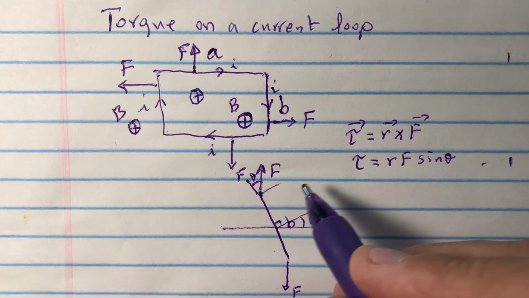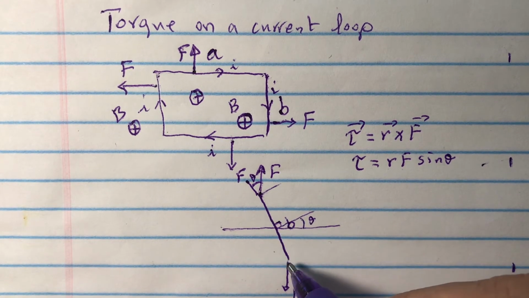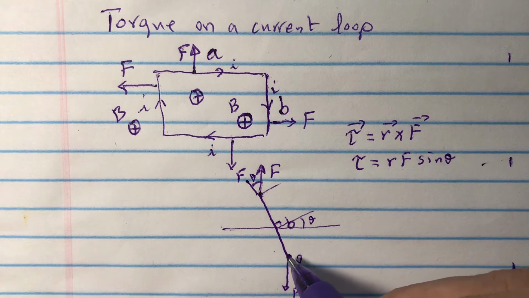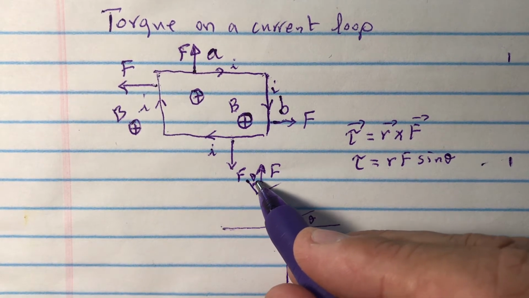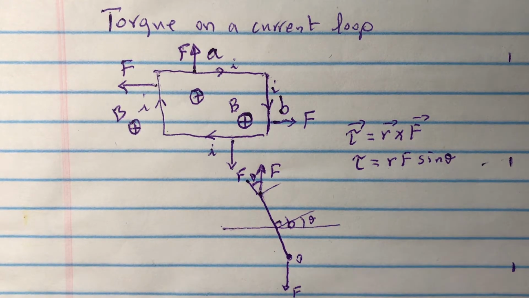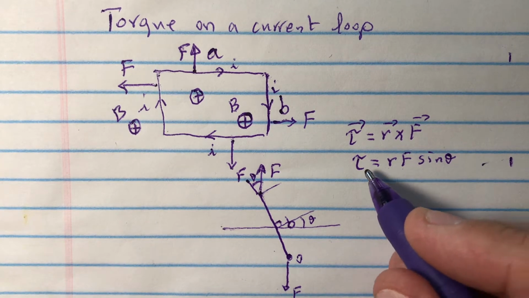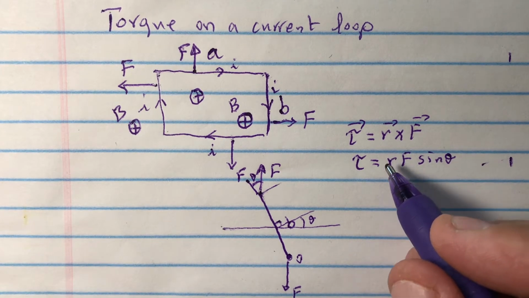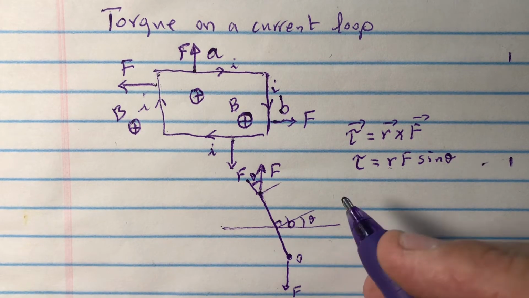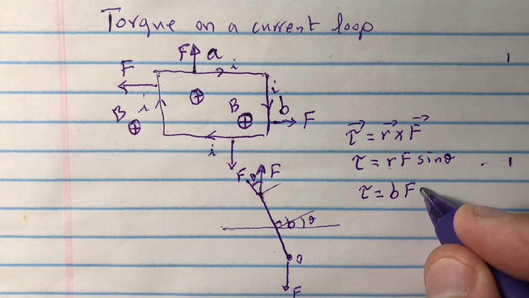And theta will be the angle between F and R. You can see this is R. We take this to be our origin. This is R and that's F. And the angle between them is this theta there. Now we found the torque. This R here is this distance. I can call it B. So I put torque is equal to B F sine theta.